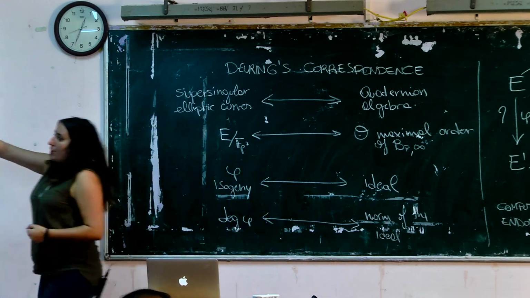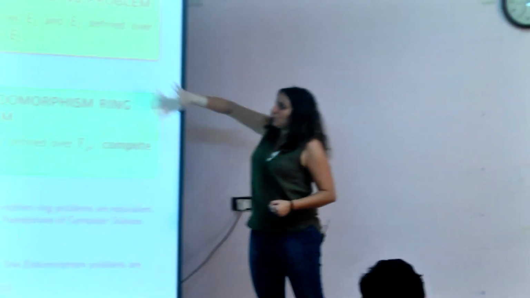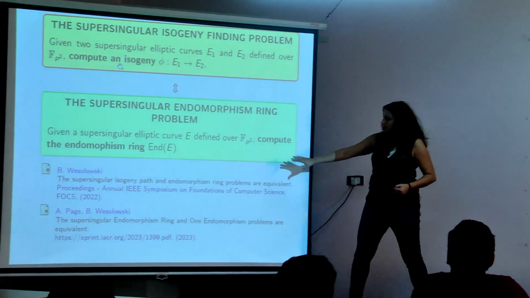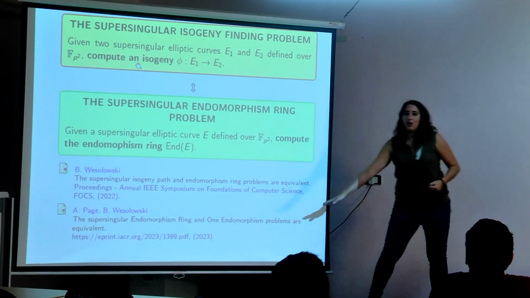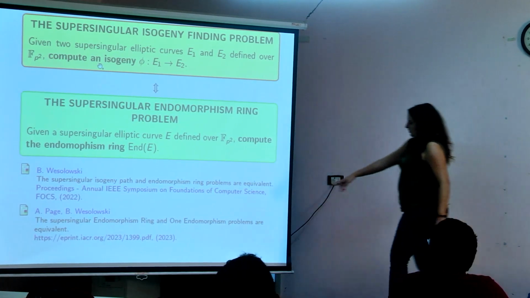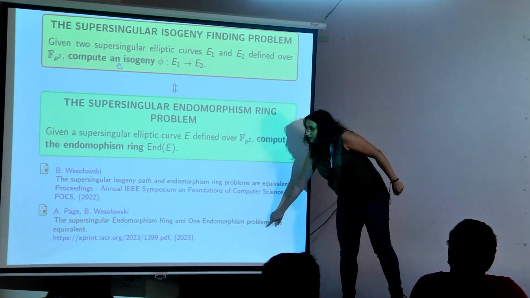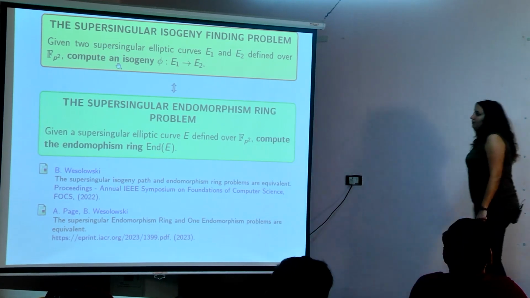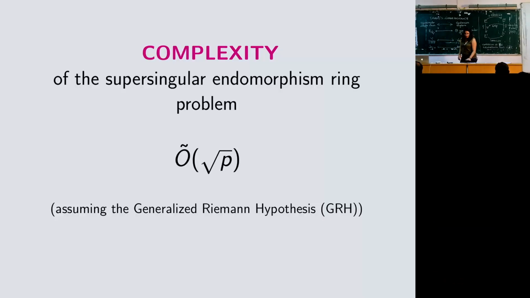Well, so these two problems are now equivalent, so you can move from one to the other in polynomial time. And here I will give you two references where this has been proved. The last result about this basically tells you that there are no conditions for this problem to be equivalent. If you are interested in what I've done in this field, I actually worked very recently on this topic.